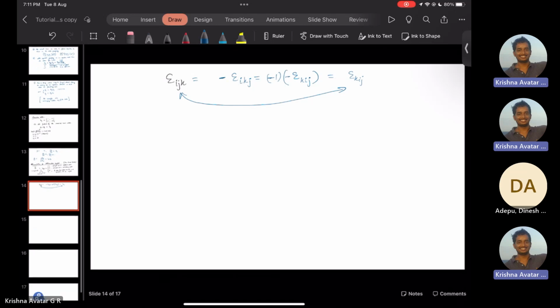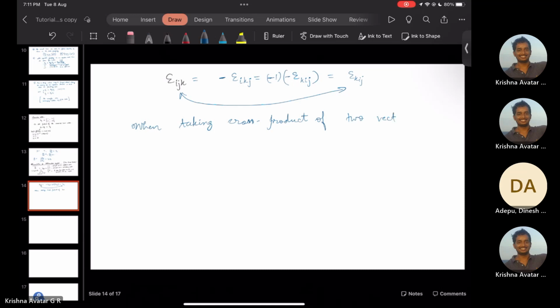Now this alternating tensor has a very important role when taking the cross product of two vectors in indicial notation. This is where we see its importance coming into the picture, when it actually helps us a lot to simplify the process.